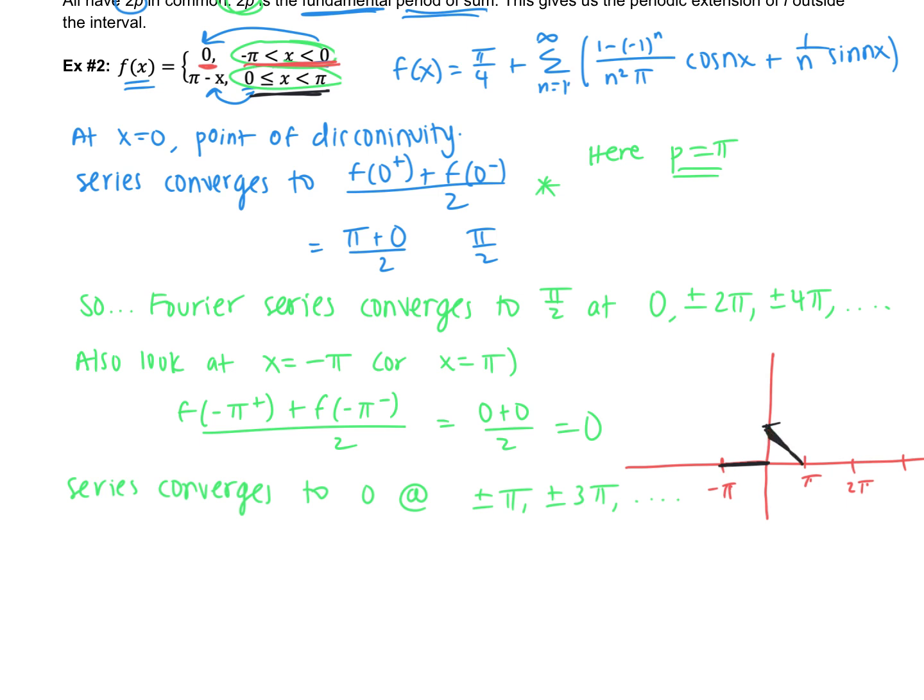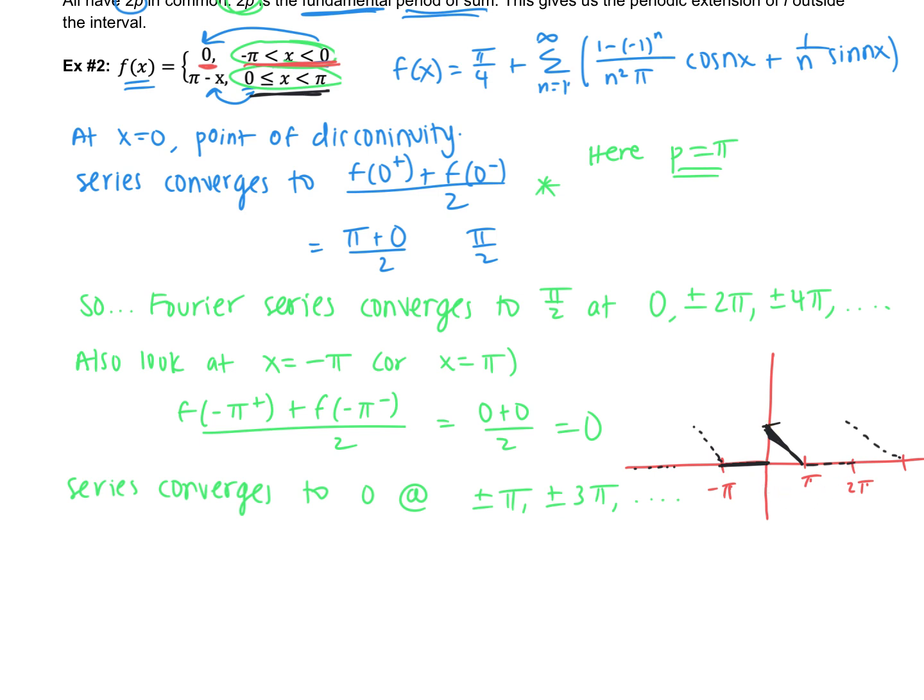So that periodic extension that we talked about earlier just means that this graph is going to repeat every 2 pi. So we would have an extension there and then an extension here. We could go backwards. And so what we notice is at 0, like we found, we're converging to pi.